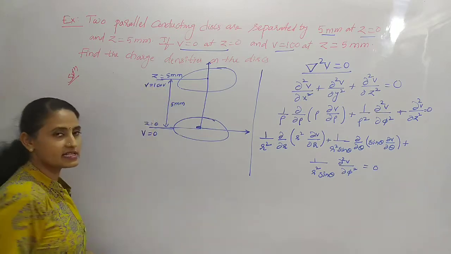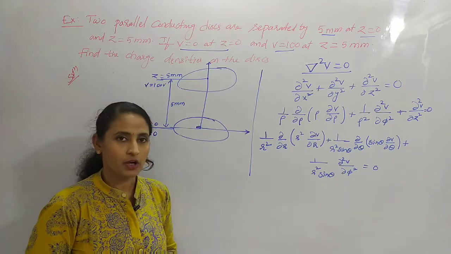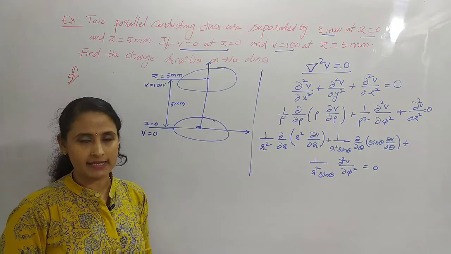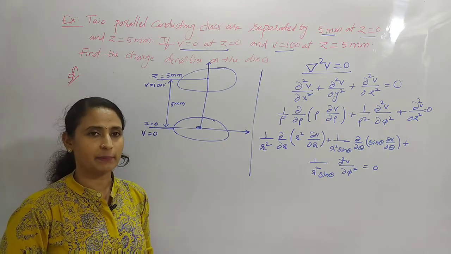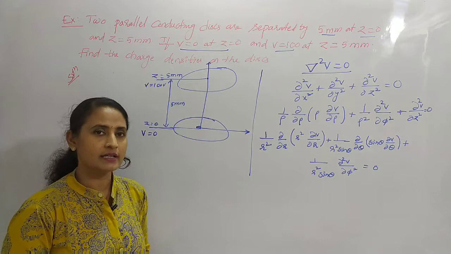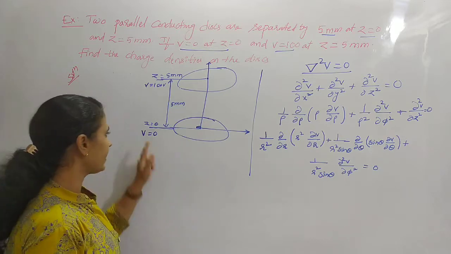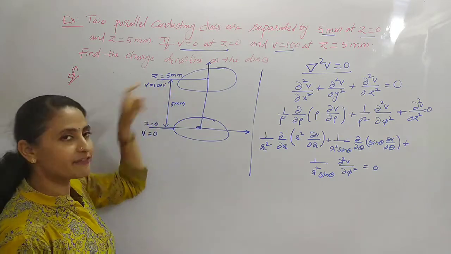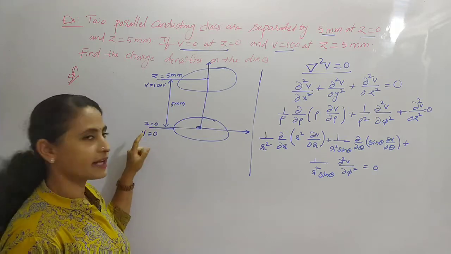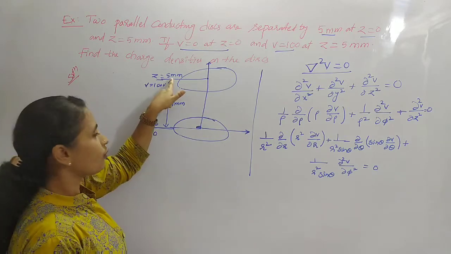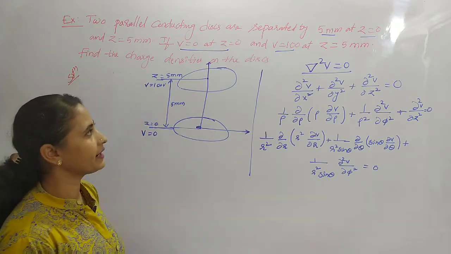Two discs are placed along the z axis, separated by a 5 mm distance, and the voltages are given at z equal to 0 and z equal to 5 mm.